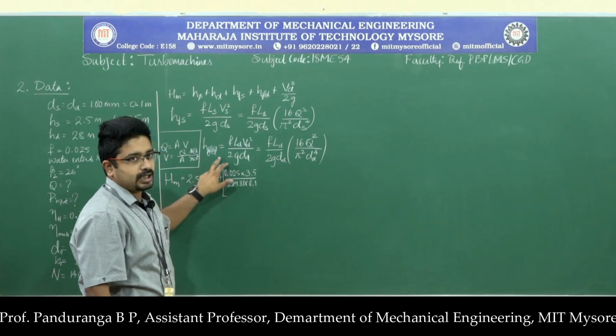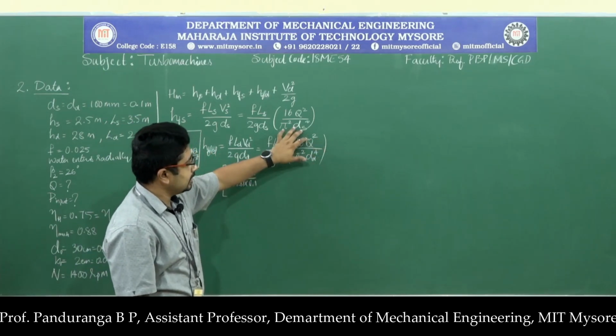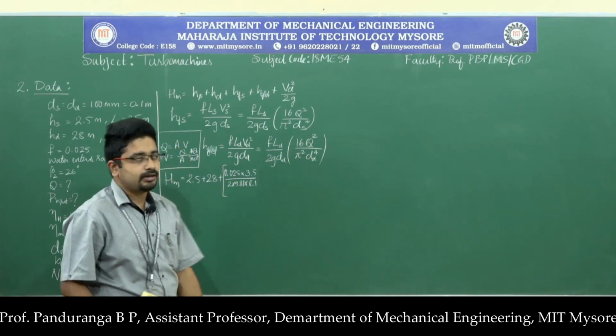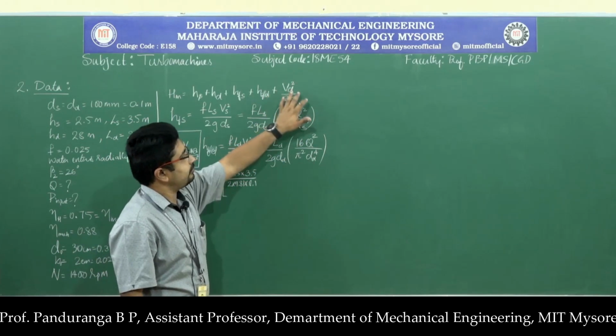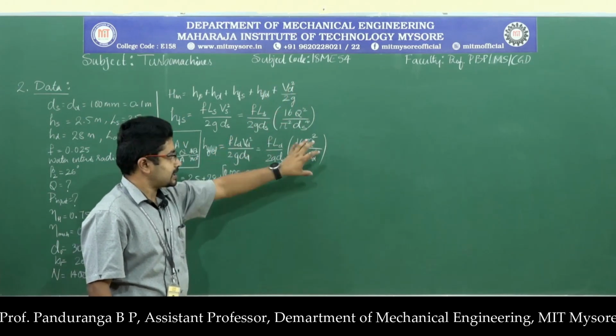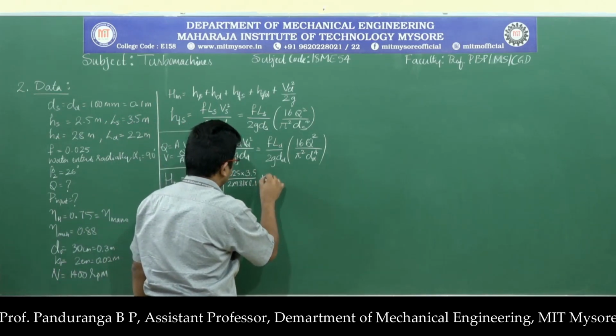Now Hfd also contains the same term here, ds and dd are equal, and here also we have Vd square which has the same term, so I will group them together. I will write it as plus.